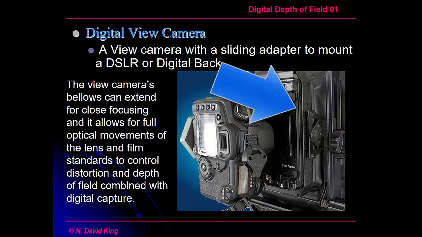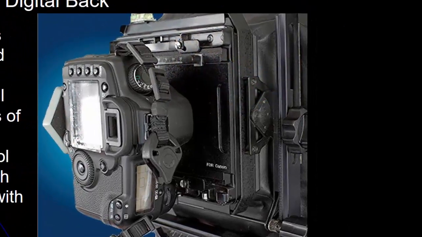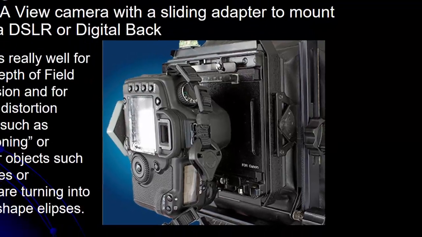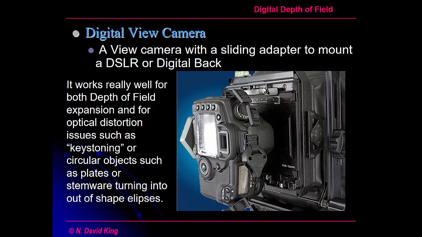The view camera's bellows can extend for close focusing for macro work, and they're flexible so they allow for full optical movements. And this is going to let you control both distortion and depth of field and make a digital capture of it. It works really pretty well for both depth of field expansion and for those issues such as keystoning.